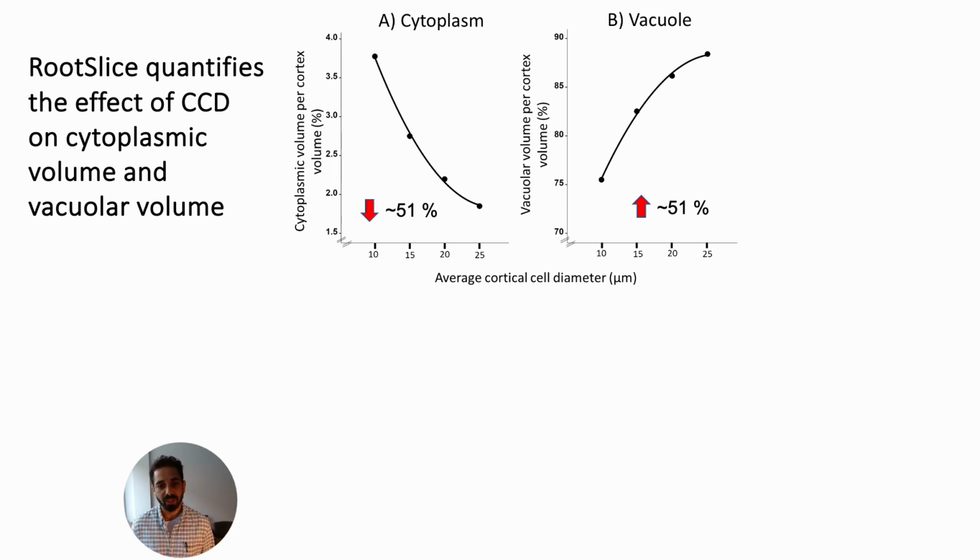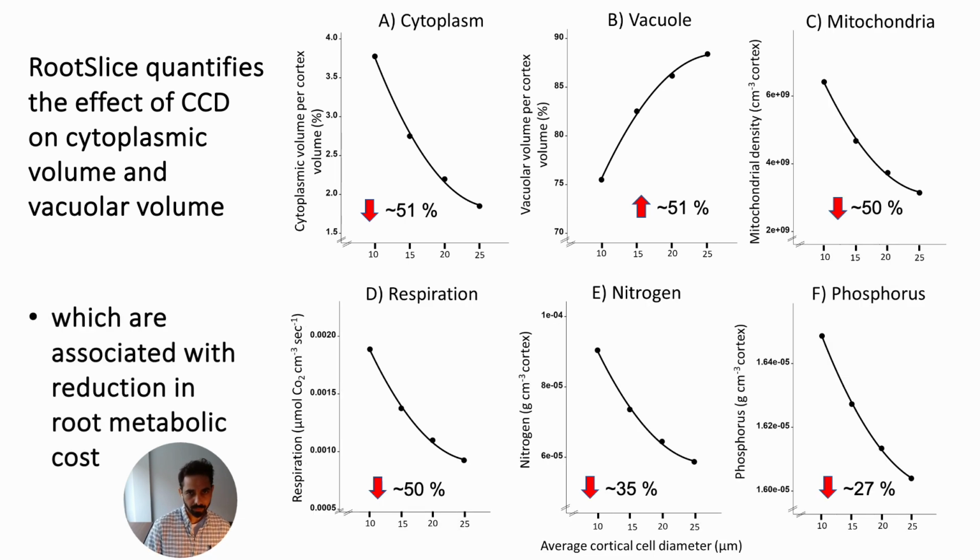Now, as we know, the vacuole is much cheaper to maintain compared to the active cytoplasm, where all the machinery is for replication, your ribosomes and mitochondria and many more things.